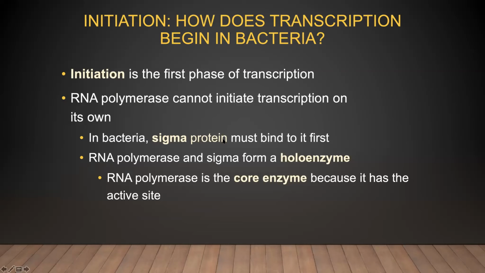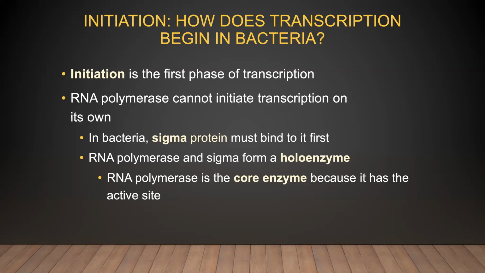One thing to point out is that the RNA polymerase, that enzyme, can't initiate transcription all on its own, right? It needs something to tell it that the cell needs to make a particular protein. It doesn't just attach randomly to pieces of DNA and start making a messenger RNA transcript. It has to be directed somehow. In bacteria, this is directed by something known as a sigma protein that has to first bind to the DNA molecule to let us know where to begin.